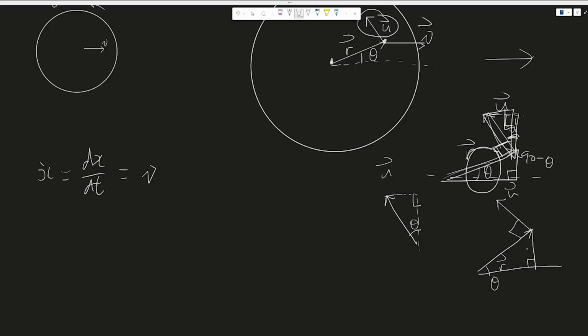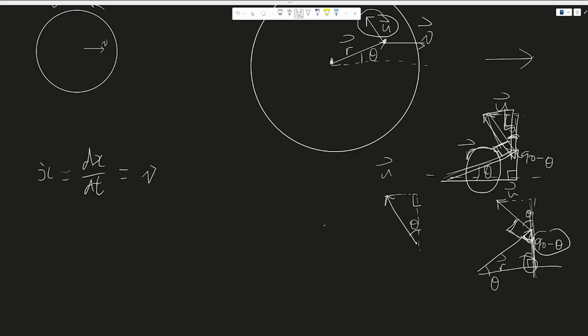This is a right angle, and so this is 180 minus 90 minus theta, which is just 90 minus theta. And this is 90 degrees. Then let's decompose u into this. We know that this is a straight line, so this angle must be 180 degrees. If this is 90 minus theta and this is 90, this must be theta. That's why we know this is theta.